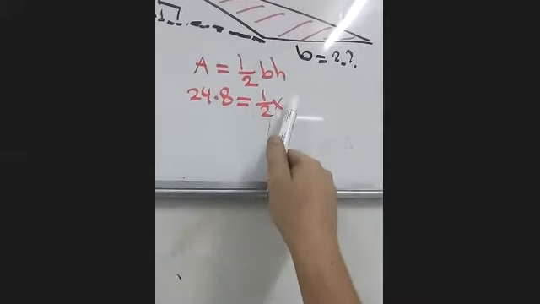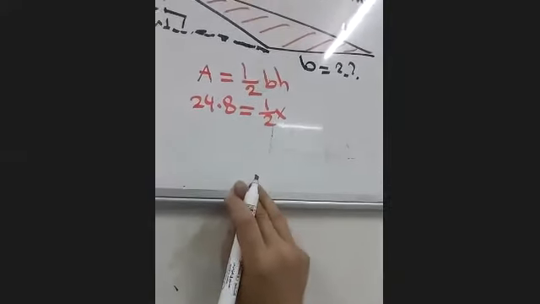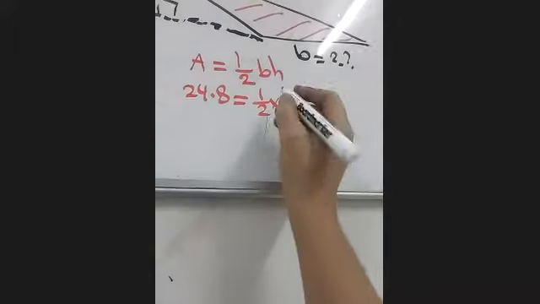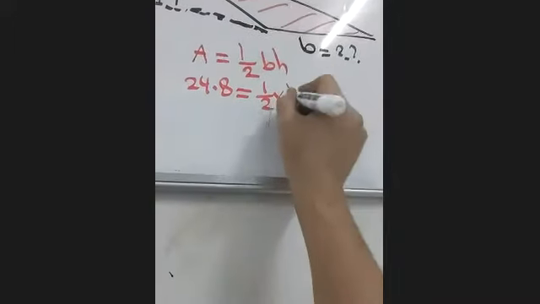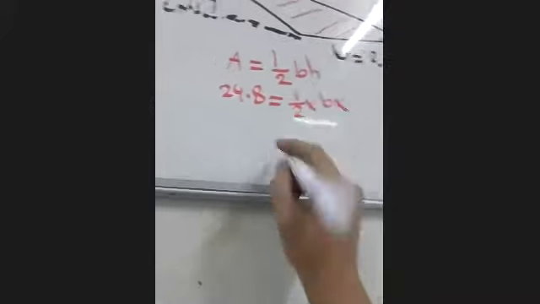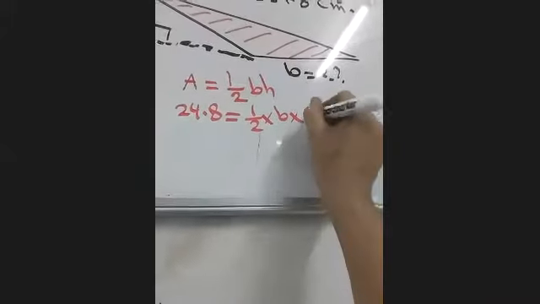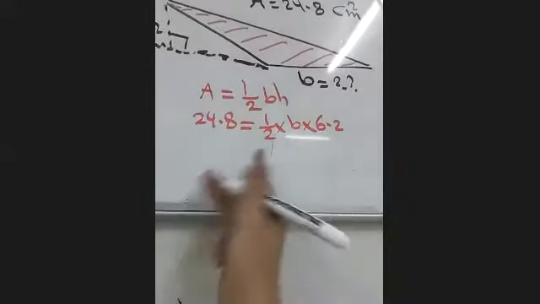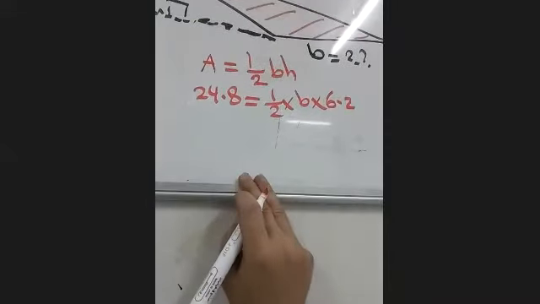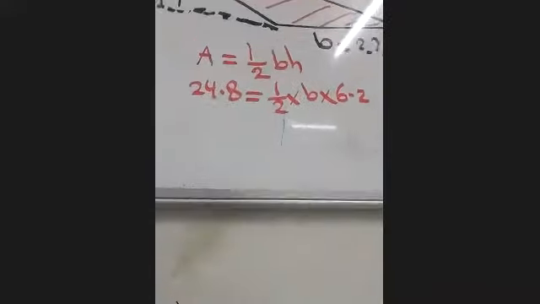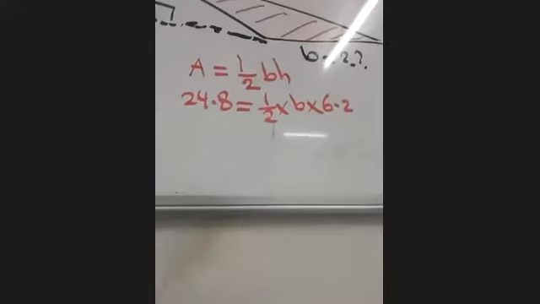the base. We don't know it, so we write B, multiplied by the height, 6.2. Now, what will we do?